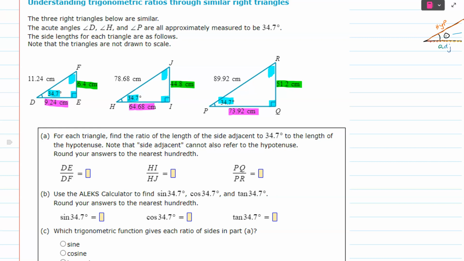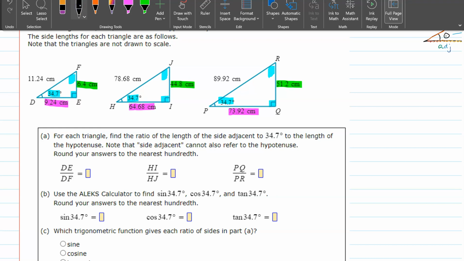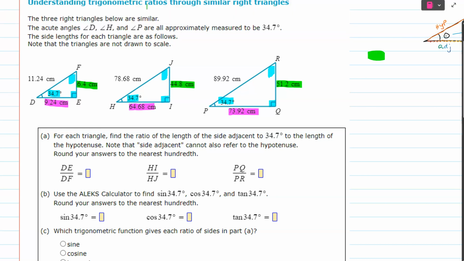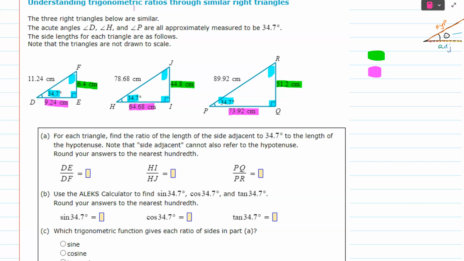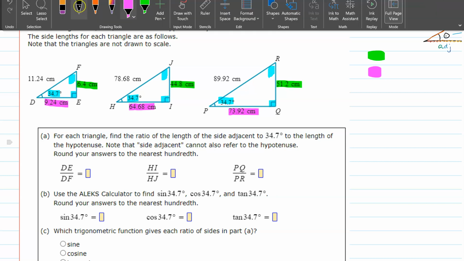Now, since they're proportional, the ratio of the sides will also be the same. So if you wanted to use your calculator and do any green side over any pink side, that ratio should be exactly the same.